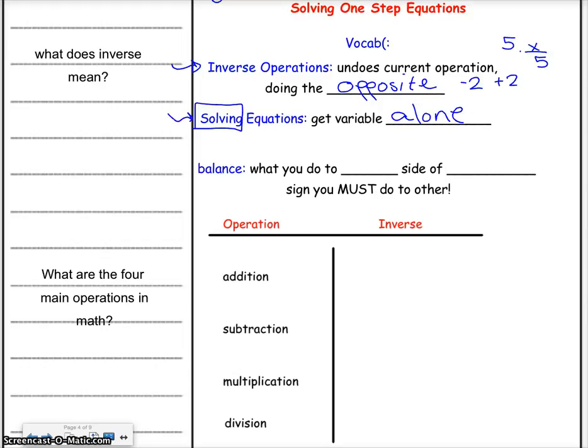They are equally balanced. So if you start getting rid of something, then you need to maintain that equality. And you must do it to both sides. So what you do to one side of the equal sign, you must do to the other side of the equal sign. You have to maintain the balance and maintain that fairness.